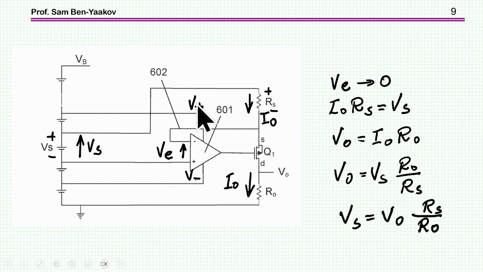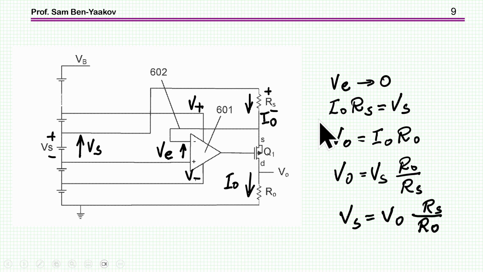This is because of this polarity. Now the plus goes to the minus. And as the voltage of the gate goes down, the transistor will start conducting, and there'll be a current building up until the voltage across this resistor is equal to the input voltage, such that V sub E, the error voltage at the input to the amplifier, will approach 0 again.